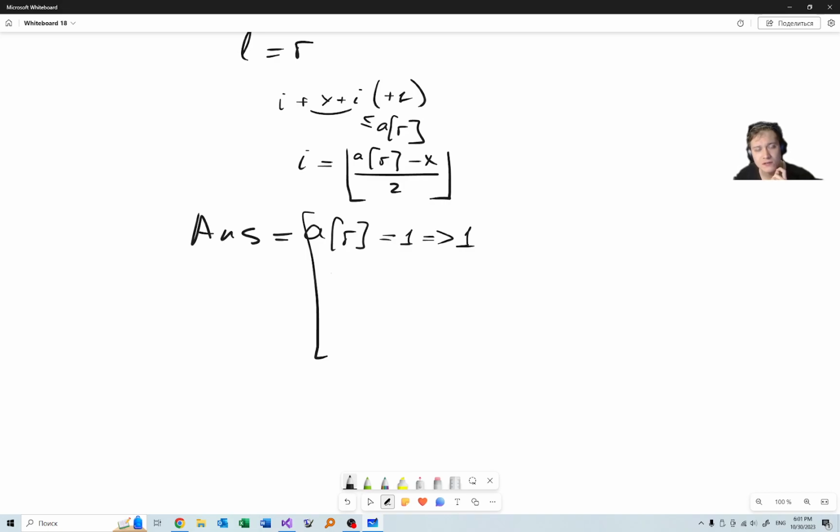Otherwise, it is this number and maybe +1, like plus AR minus X mod 2.